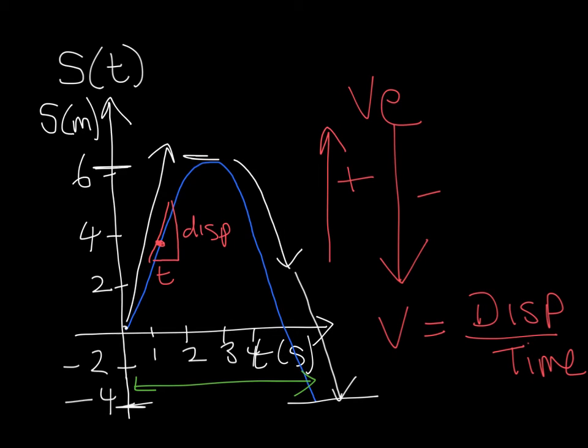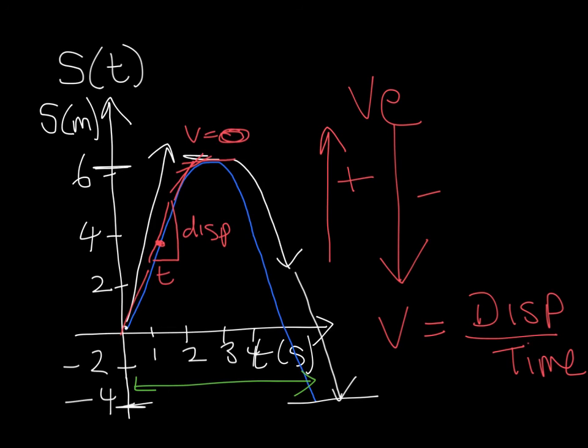So on the first part of its journey, the gradient is positive, but after about 2 seconds, the gradient starts to reduce until it's 0. And at that point, after about 2.5 seconds, the velocity is 0.